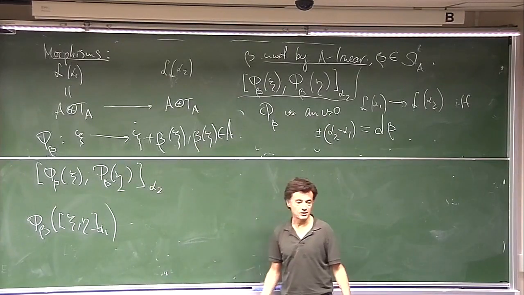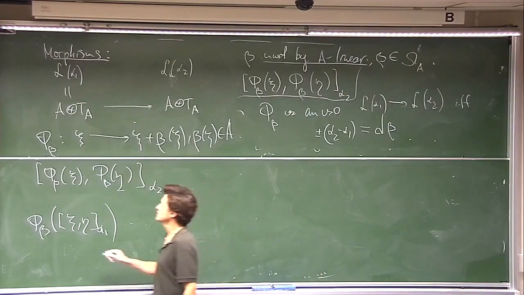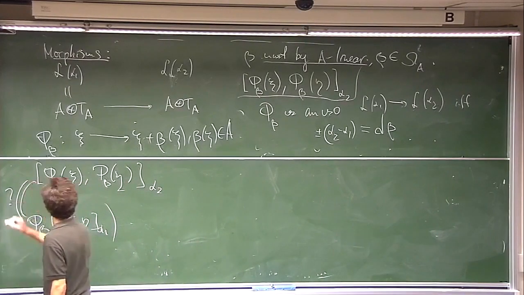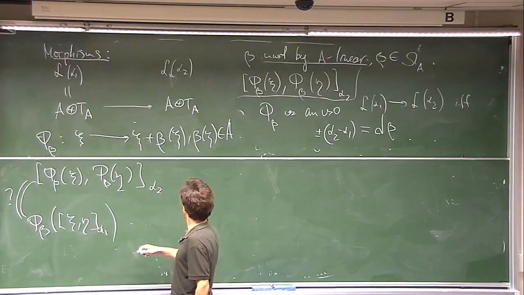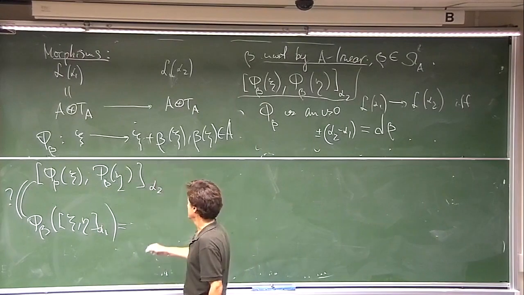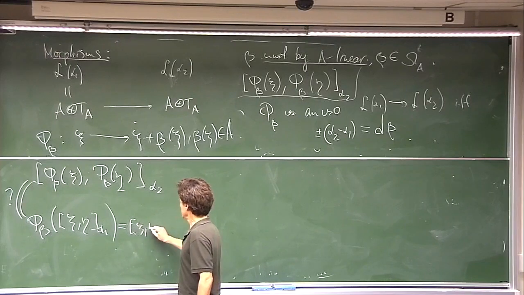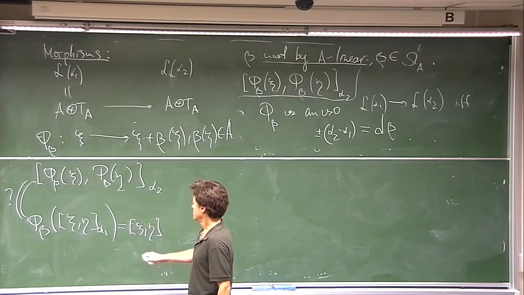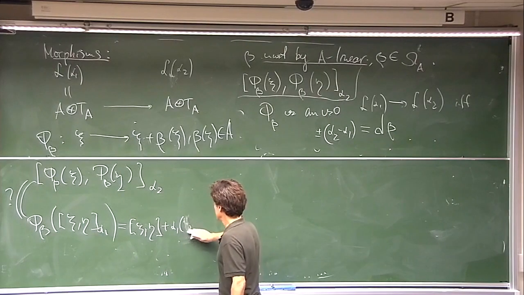If it does, then we get a morphism. Make sense? So this is my question: when does this equal this? This one is easier, that's the content of the definition. This thing goes to the bracket of psi and eta plus alpha 1 of psi and eta.